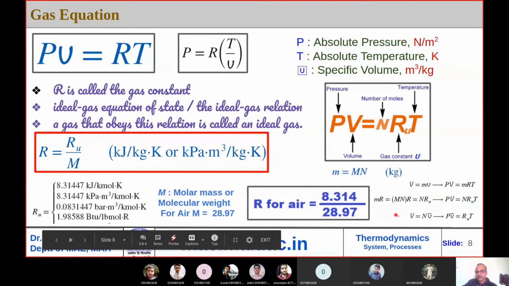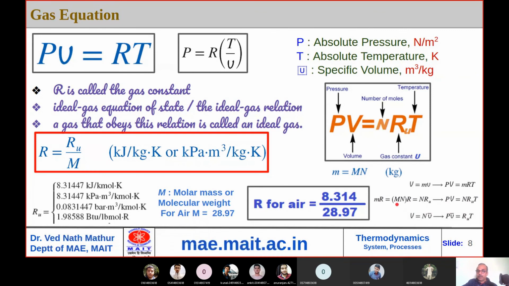So mR is equal to capital M into capital N into R. This becomes n into Ru, because molecular weight into gas constant is Ru.